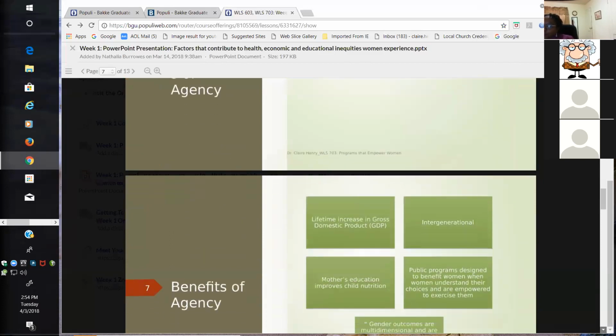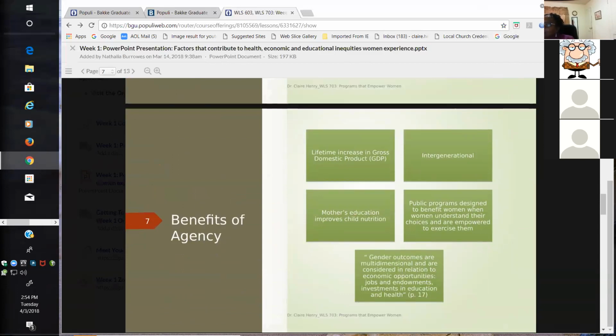Benefits of agency. Remember, agency means empowerment. Lifetime increase in gross domestic product. Over and over, the literature will show us that when women's life situations improve, it impacts the family and it impacts the nation.